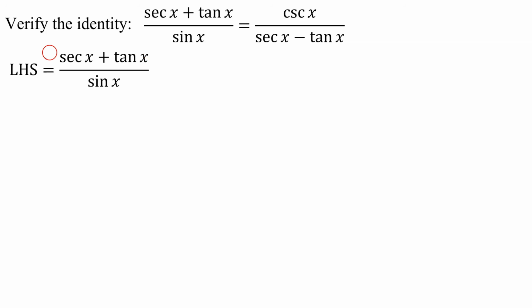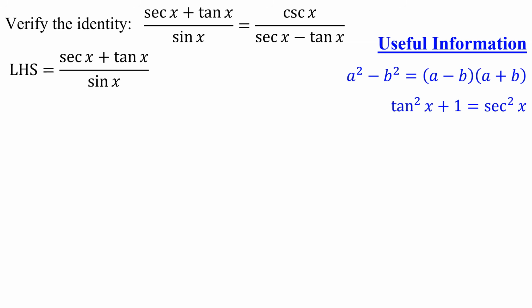Before we start working on the left-hand side, I want to point out a very important clue in this problem. If you look at the binomial in the numerator on the left-hand side, and the binomial in the denominator on the right-hand side, they are conjugates of each other. This means the first terms are the same, the last terms are the same, and they have opposite signs between them.